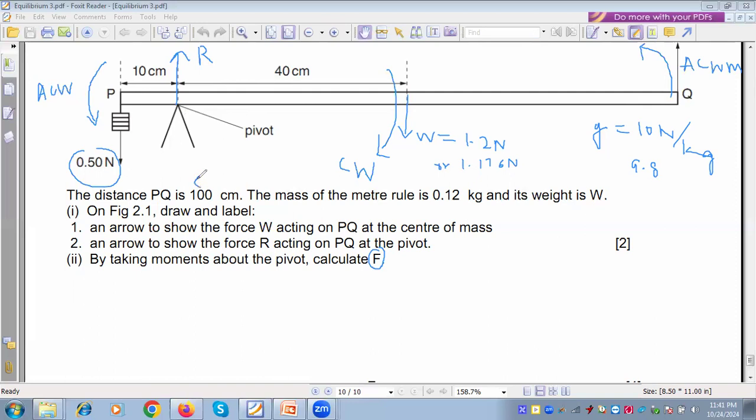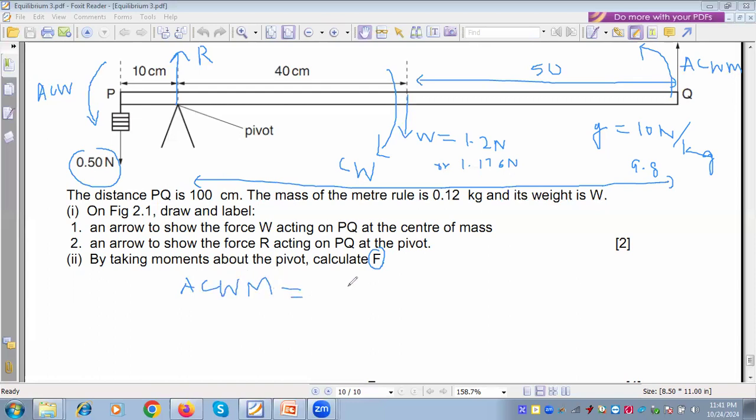This is to be known. Since this is a uniform rod, this distance will be 50. So 50 plus 40 is 90. F is acting at a distance of 90 centimeter from the pivot. So total anti-clockwise moment is equal to total clockwise moment.